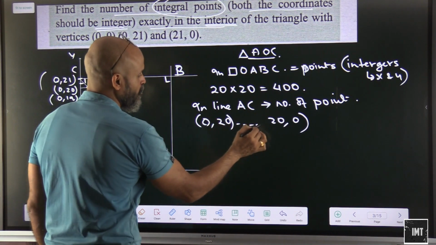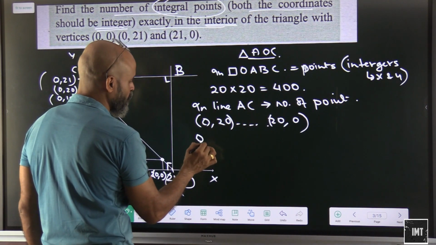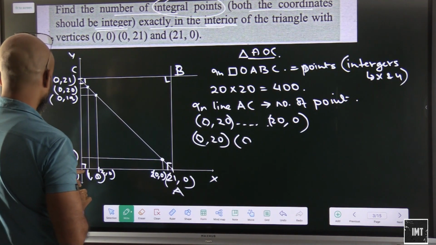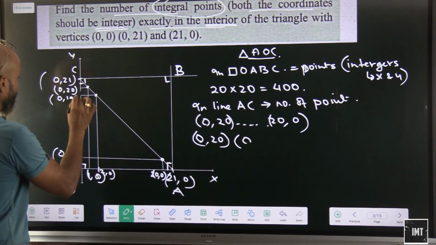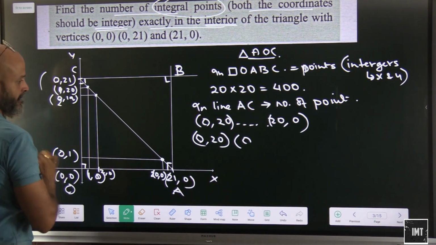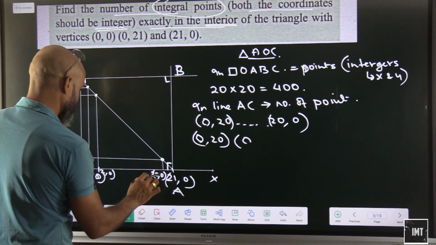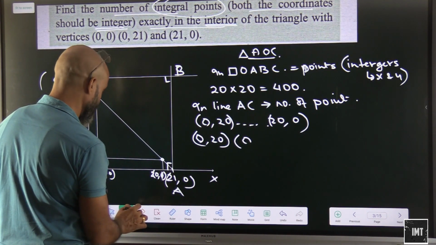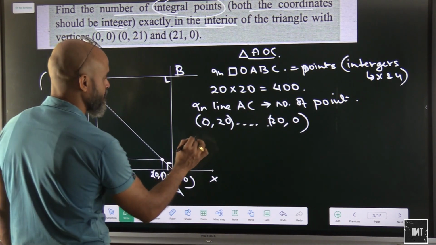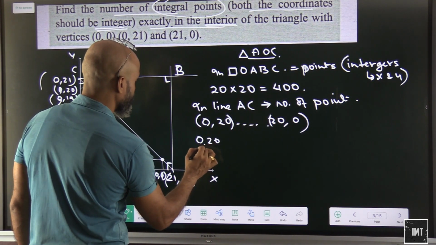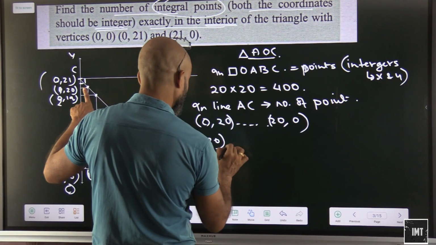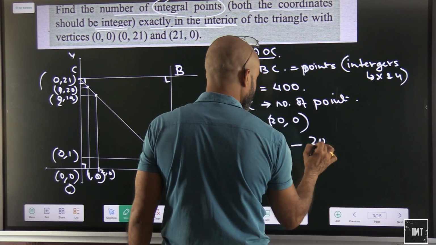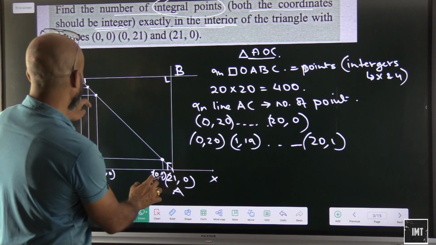So this will be 0, 20, then we have 1, 19, and so on and so forth till 20, 1. We are not taking the points A and C.